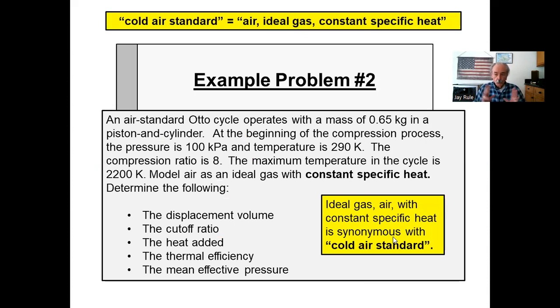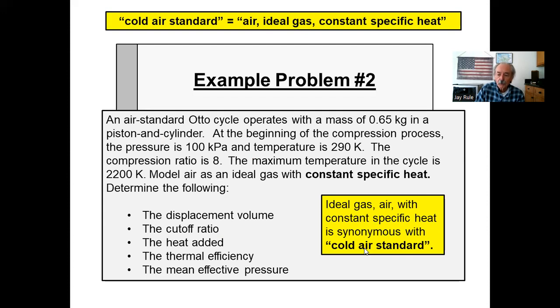Okay. Whew. Almost have to pause to catch my breath. Okay. The second problem is identical to the first problem, except for the last part. All the given information is exactly the same, except we want to model the ideal gas with constant specific heat. And for running through this example, let's say we're assigned cold air standard.